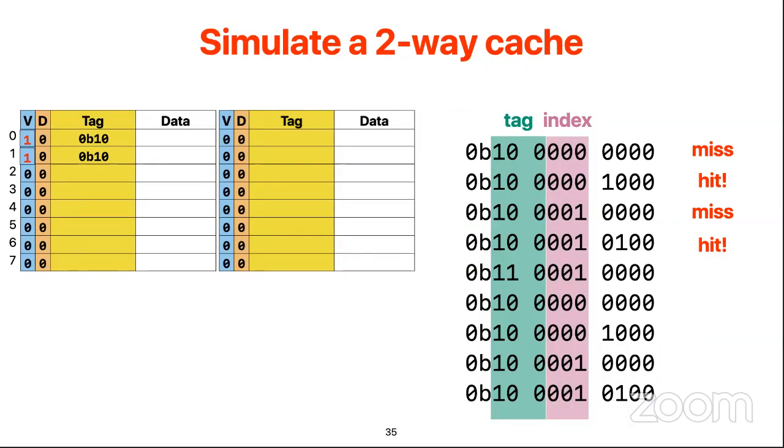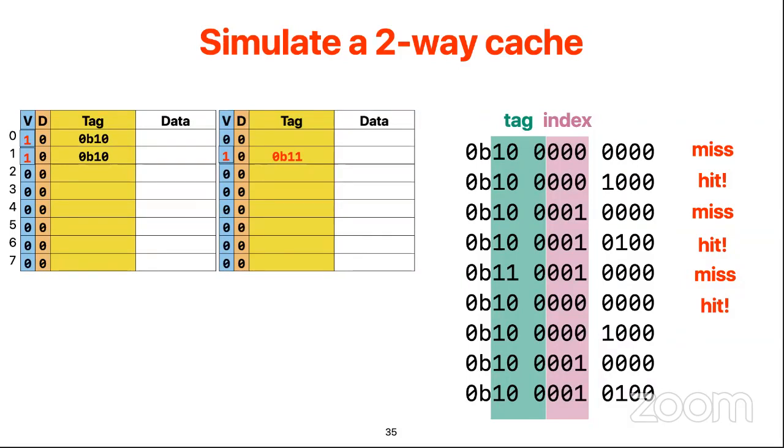Yeah. The next one, hit or miss? Next one is a miss because we check that index and nothing matches that tag. Okay. How about the next, hit or miss? Hit because at that index we find something with the same tag.